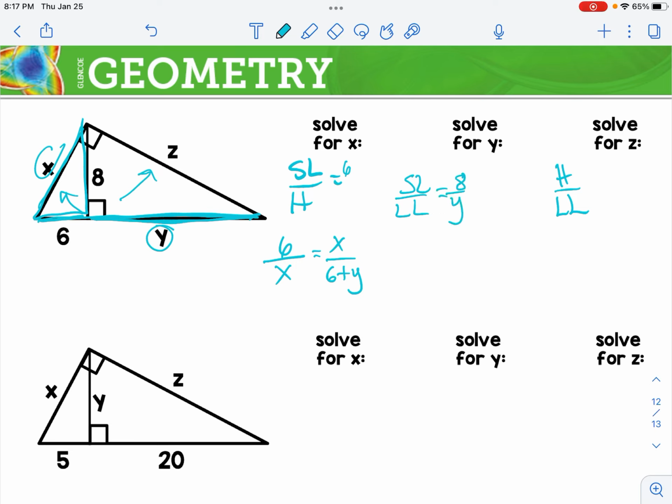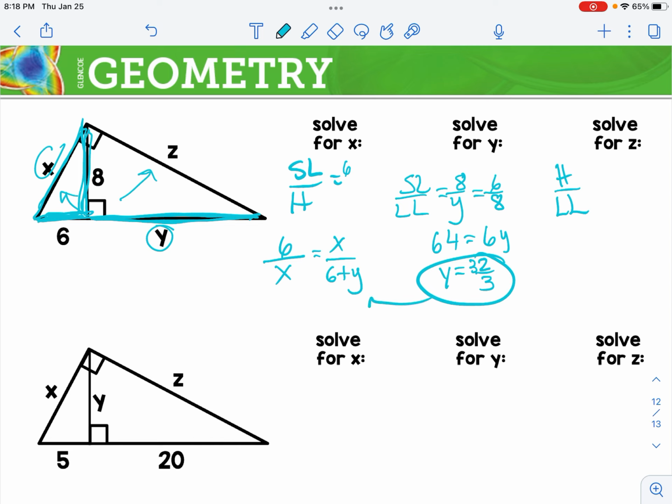So 8 over y is one of them. And then I could use this short leg and this long leg because I have both those measurements. So the short leg is 6 over 8. And so I multiply my two 8s. I got 64 equals 6y. I'm going to go ahead and divide by 6, and y is going to equal 32 over 3.